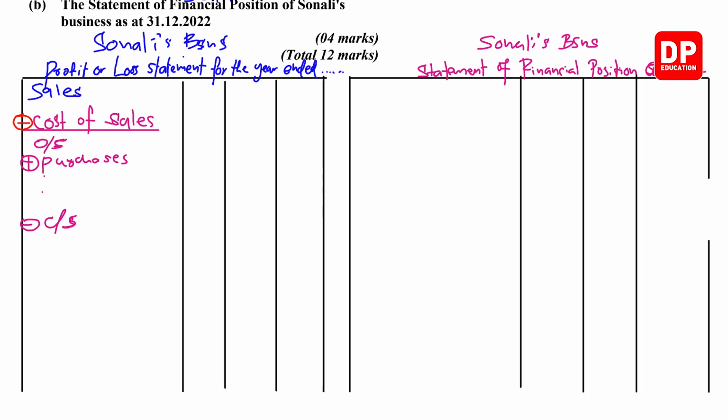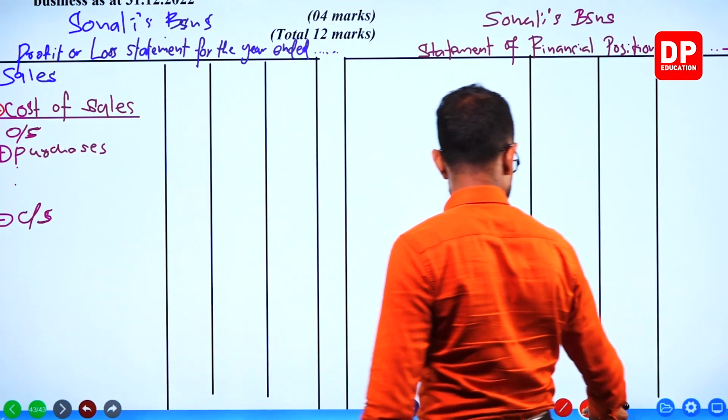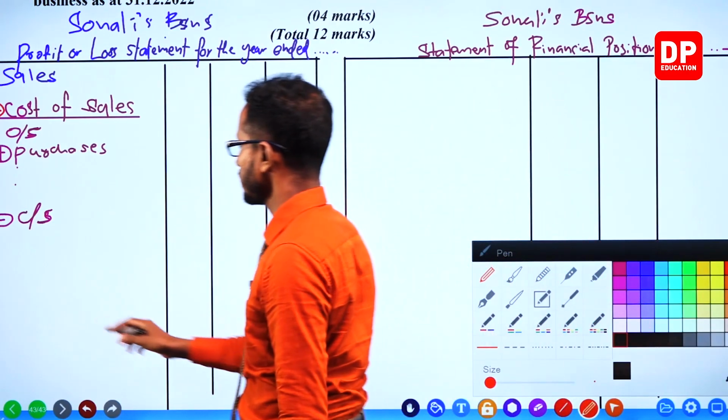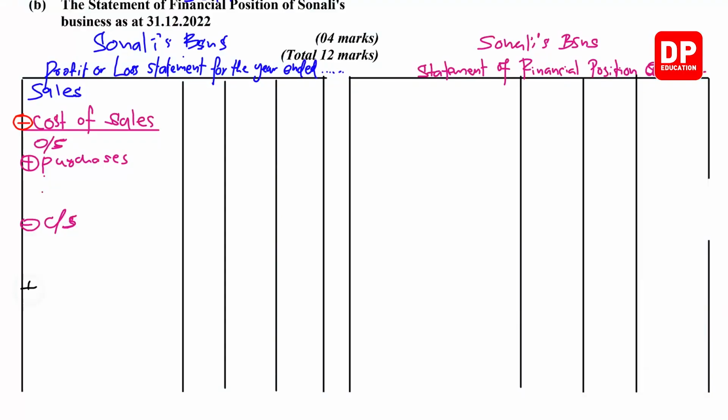Then under that you get other incomes; keep 2-3 lines. These are only the main items.